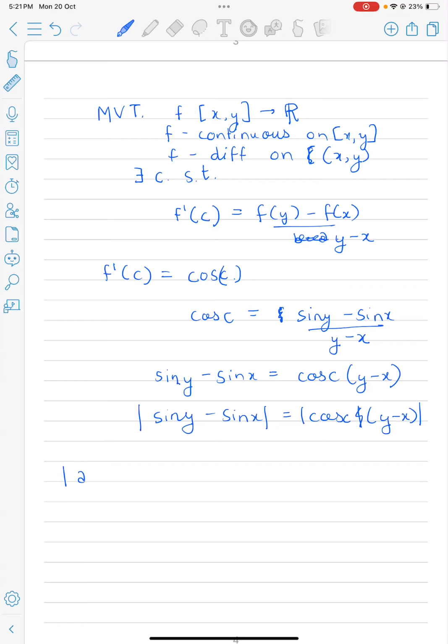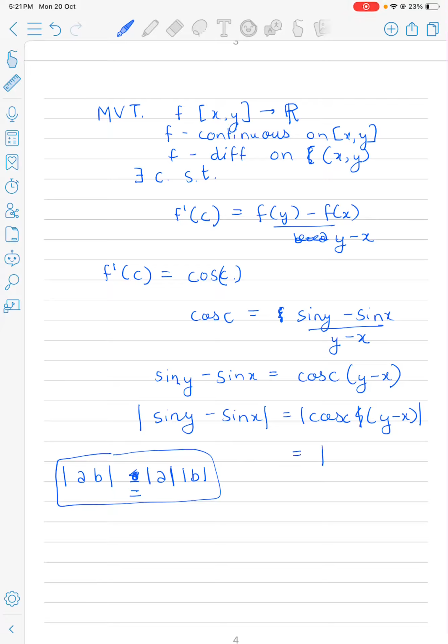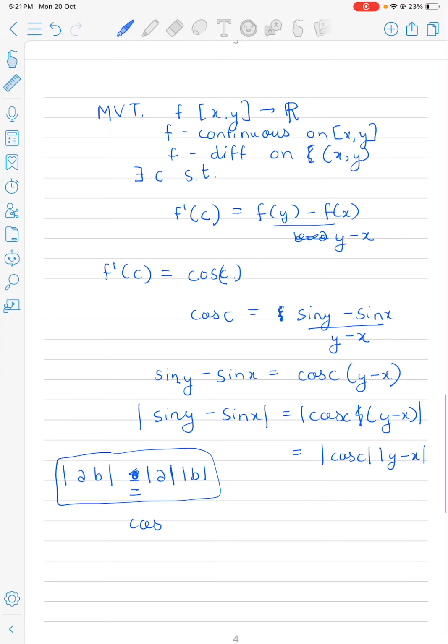Now use this property of mod: |ab| is equal to |a||b|. And also use the fact that |cos c| is less than or equal to 1.